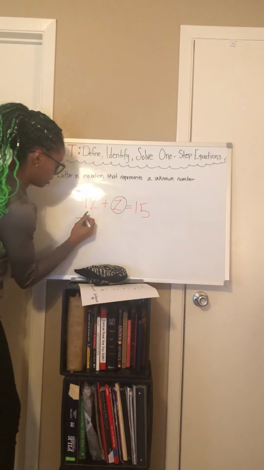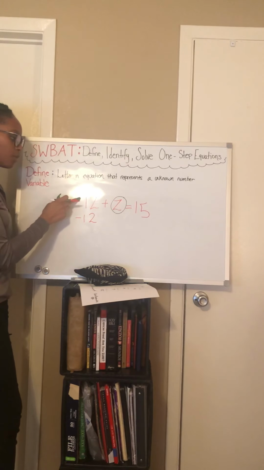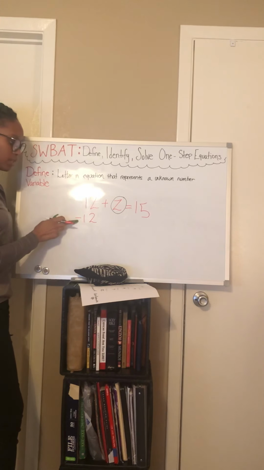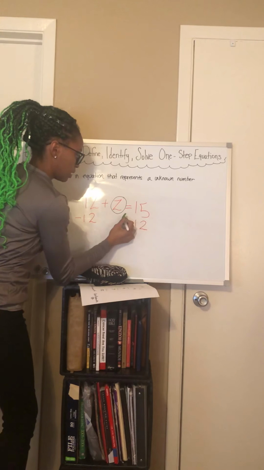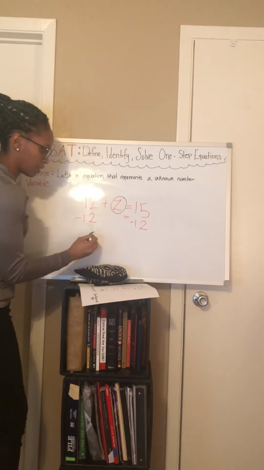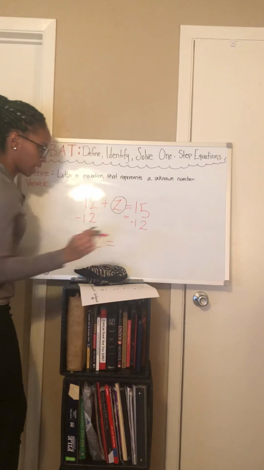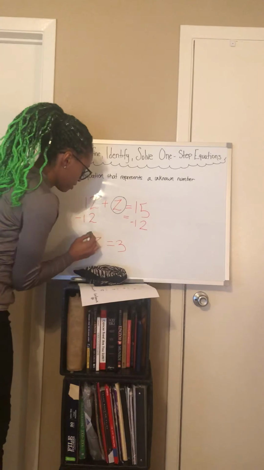Right, because this is a positive 12, so to get rid of it, we have to do the opposite, which is subtraction. Correct. So you subtracted over here. Remember, keep your equal sign. You brought your variable down. And what did you get as your answer? 3. Correct. Good job.